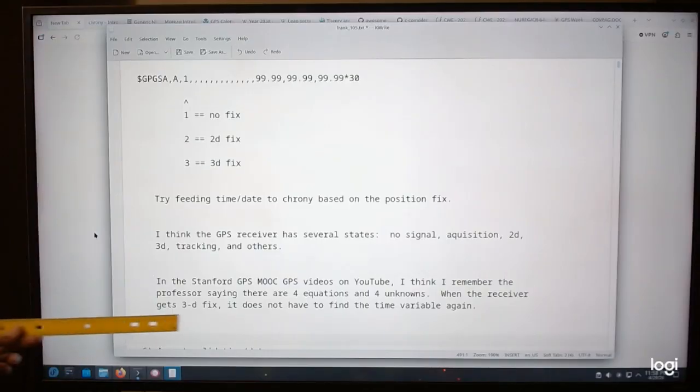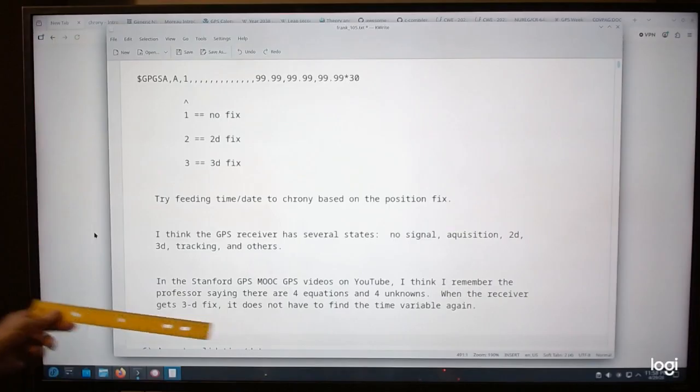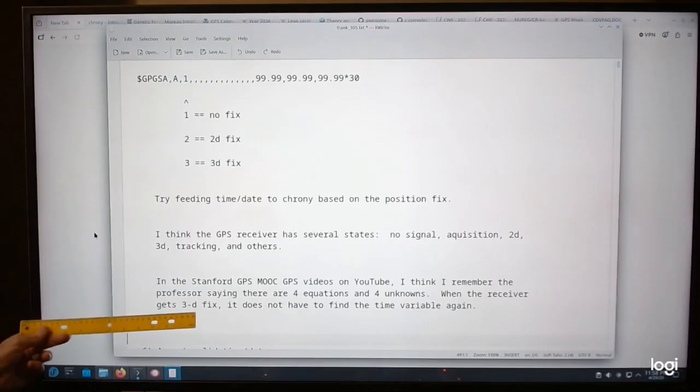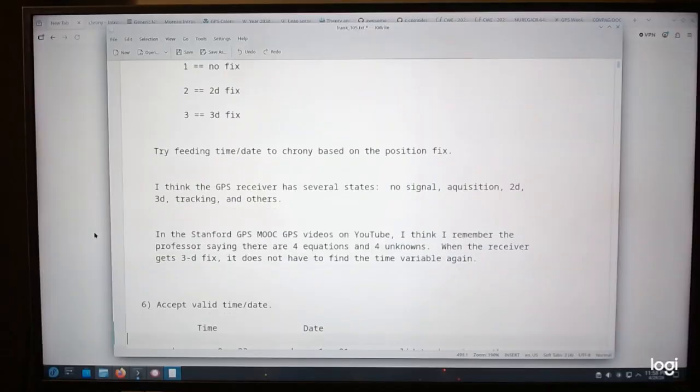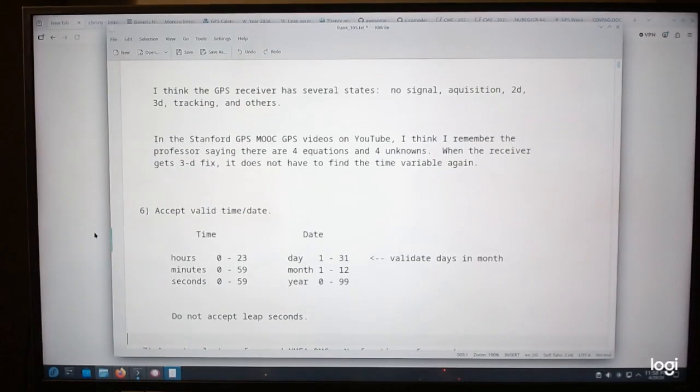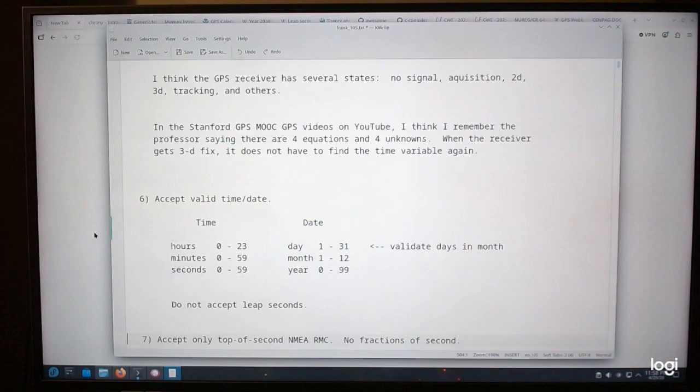I wonder, once it gets a 3D fix, if it will be okay to accept no fix or 2D fix. I wonder what the error range is, is what I'm saying.